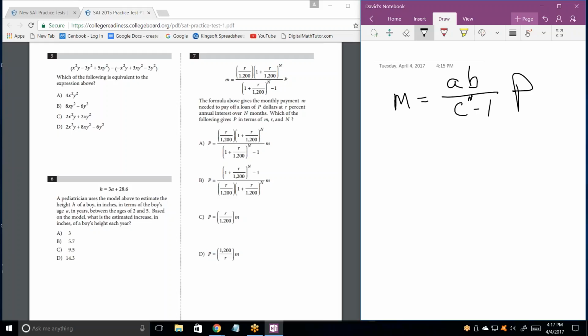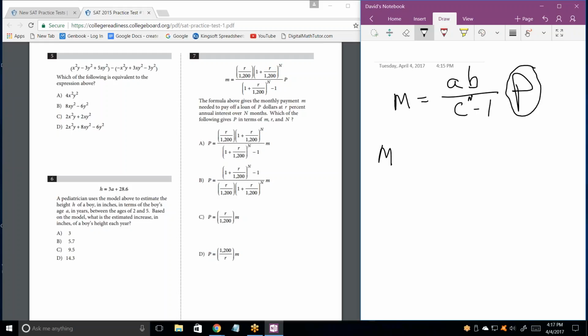Well, how would you solve? In other words, I want that to be all by itself. How do I get rid of the A, B, C, and 1? Or divide by them? Well, you multiply by the denominator. Yeah.